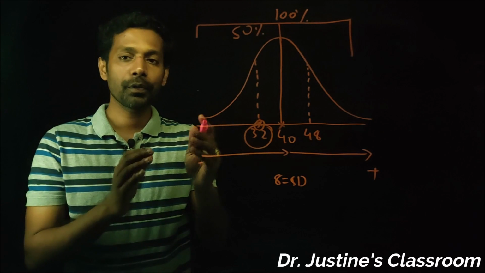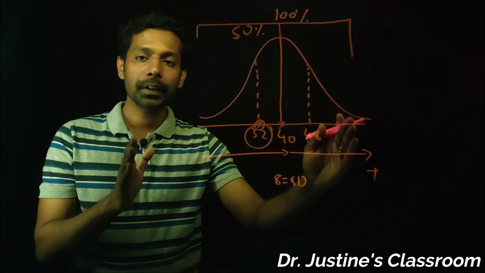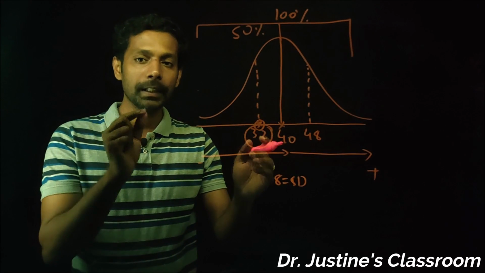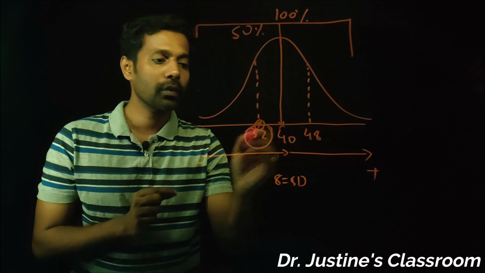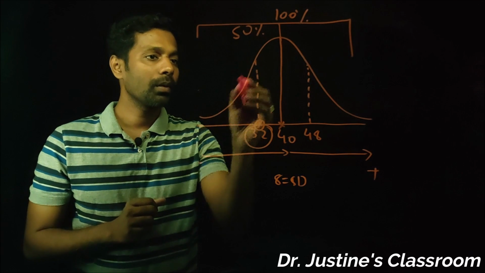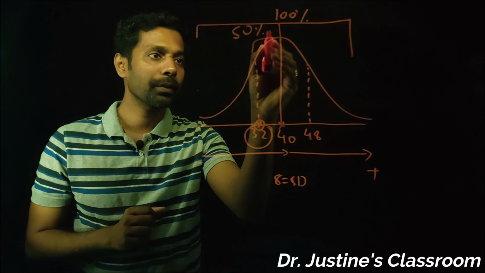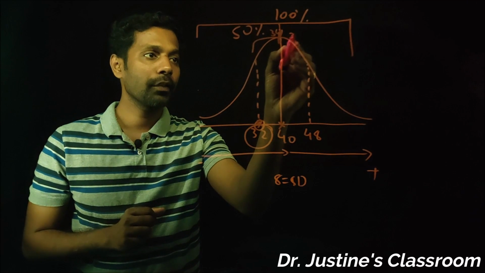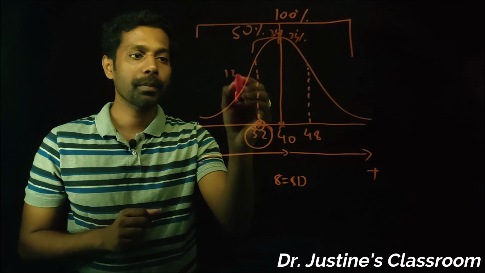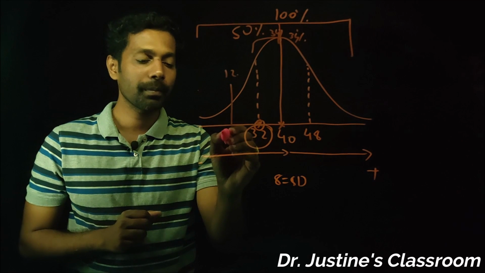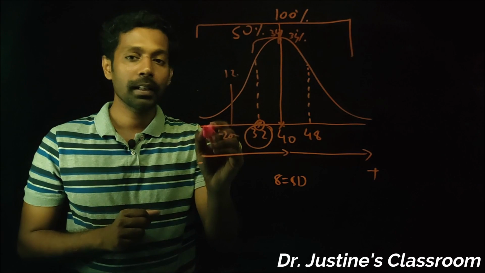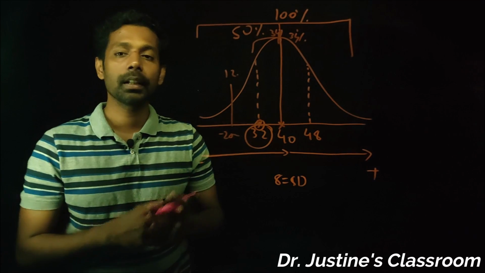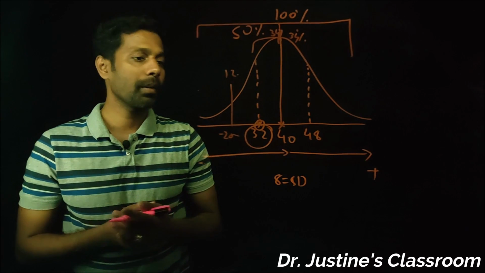So if we assume that in this study we have 100 people, the 50th person will fall here. He will get a score of 40. Now this much area is 34%. That's the area under the normal curve. 34% here, 34% here, 13 point some percentage here, and then minus 2 standard deviation. Like that, it will gradually reduce. This is a property of area under the normal curve.